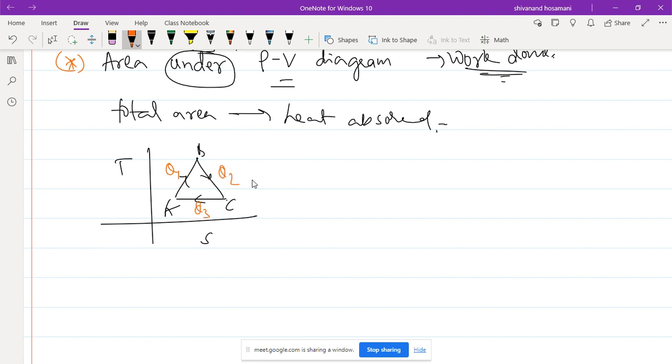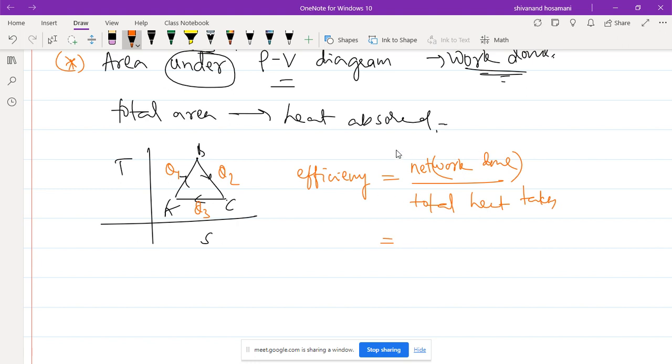For efficiency, how do we define it? Efficiency of any given diagram is equal to net work done divided by total heat taken. Therefore, note that net work done is nothing but the area enclosed by the TS diagram.